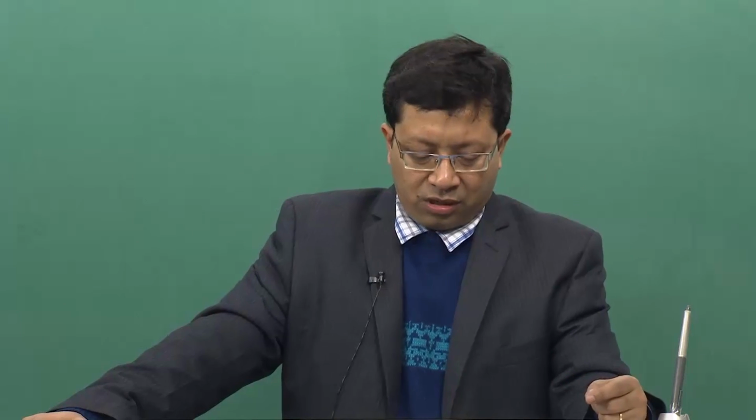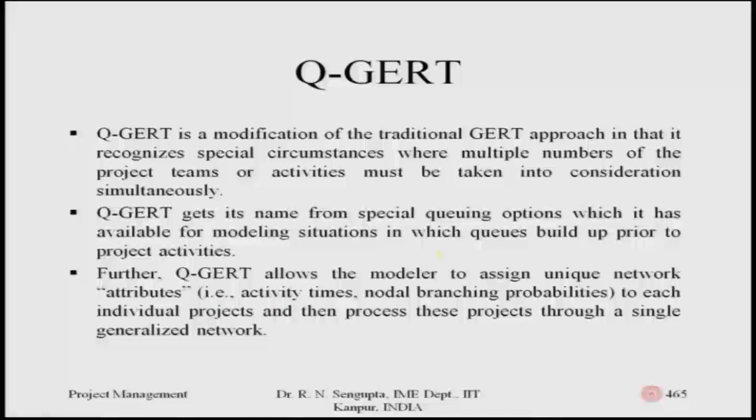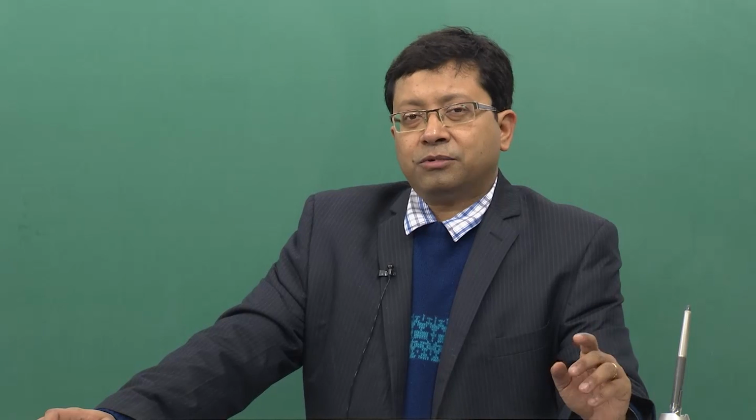Q-GERT gets its name from special queuing options which are available for modeling situations in which queues build up prior to starting the activity. So, queues can be part and parcel of the Q-GERT process, which is not there in GERT. This means that the jobs are taken up as and when they come.